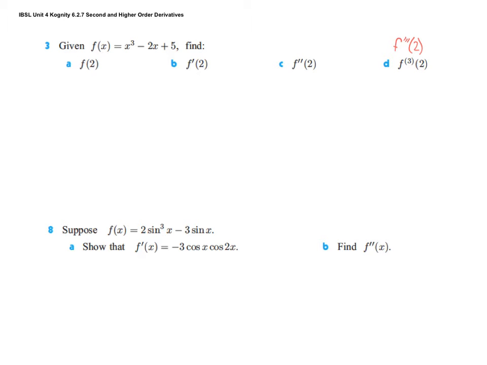So in this case, we're simply evaluating at 2. And then we take the derivative, evaluate that at 2. Take the derivative twice and evaluate that at 2. Notice here on all of these, just like we did with the first derivative, do not substitute until after you take the derivative.